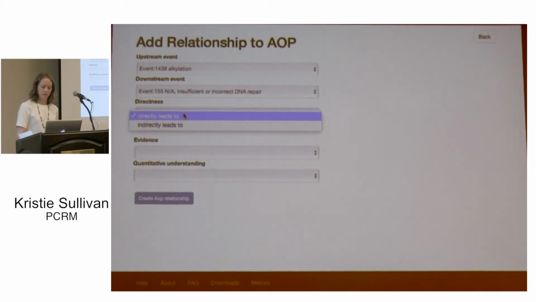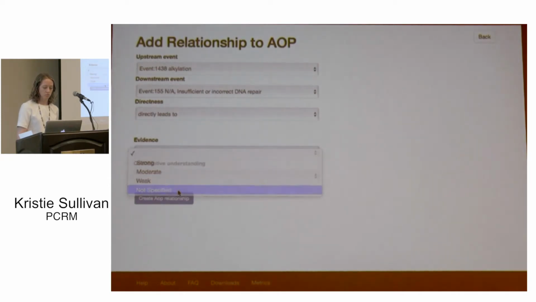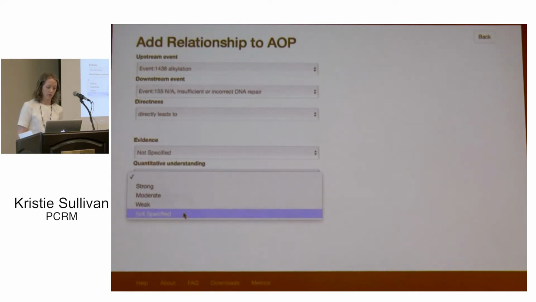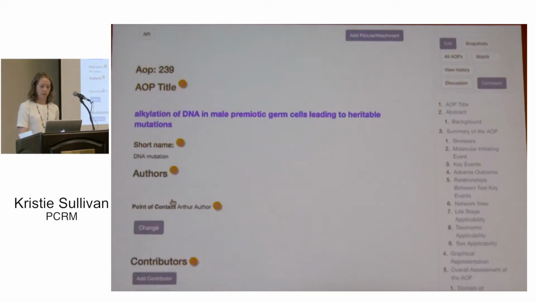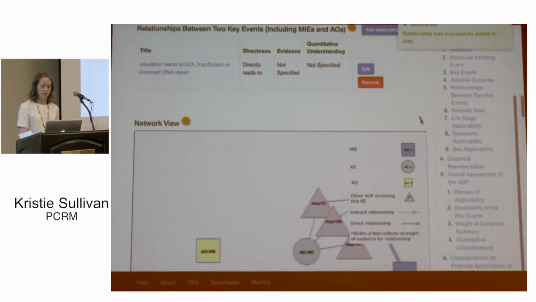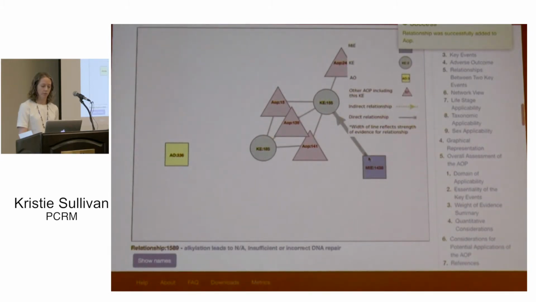We decide this is a direct relationship and that we don't want to specify the evidence or quantitative understanding yet. We want to get everything in place first and then can come back and edit it. So that's what we've done. And then you can see the diagram will start to link them. Okay, now we have a link between the MIE and the key event.